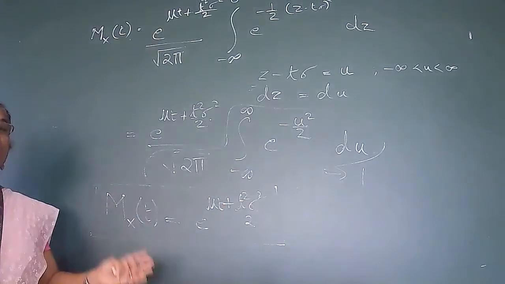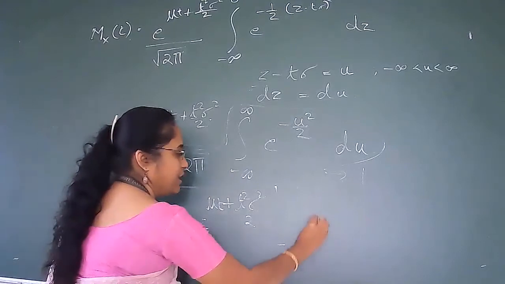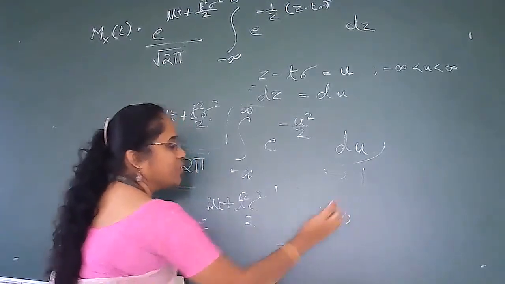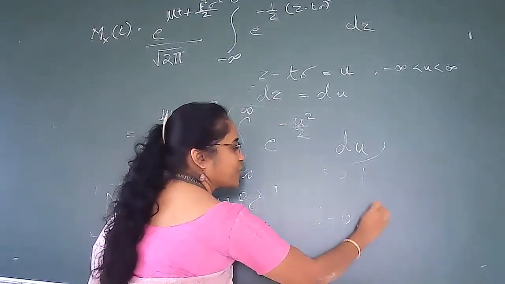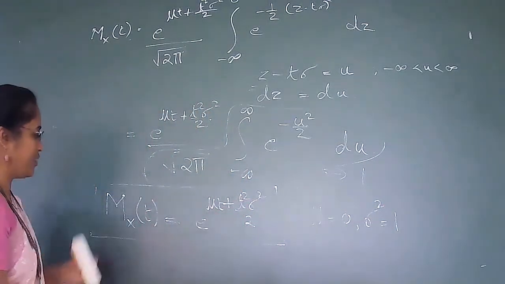If I want to talk about the standard normal variate, what happens? In the standard normal variate, mu is equal to 0, sigma square is equal to 1. So when that is the case, then what happens to this?